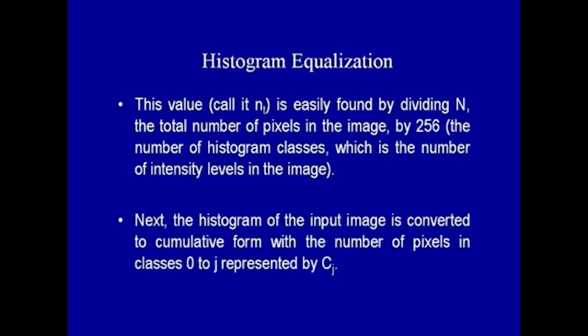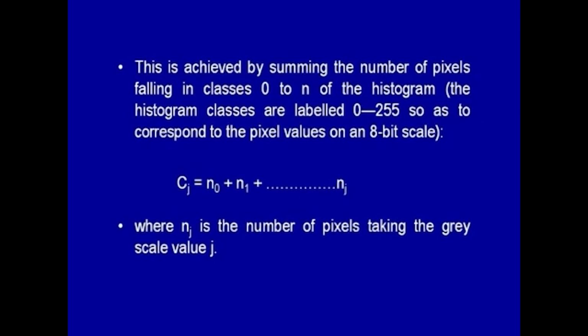Next, the histogram of the input image is converted into a cumulative form, with the number of pixels in classes 0 to j represented by Cj. This is achieved by summing the number of pixels falling in classes 0 to j of the histogram, where the histogram classes are labeled 0 to 255 to correspond to the pixel values on an 8-bit scale.